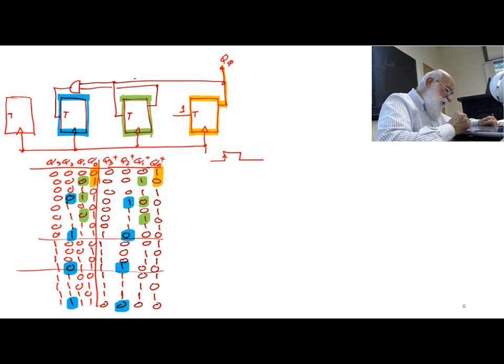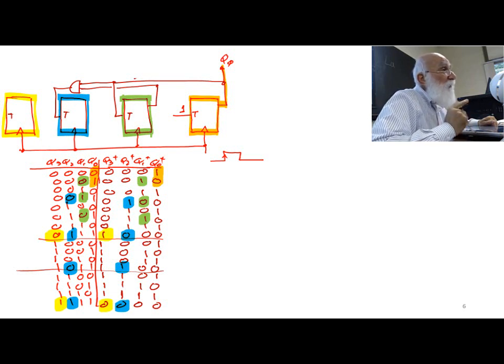Now let's look at the leftmost flip-flop. It still toggles, but then it toggles here and here.